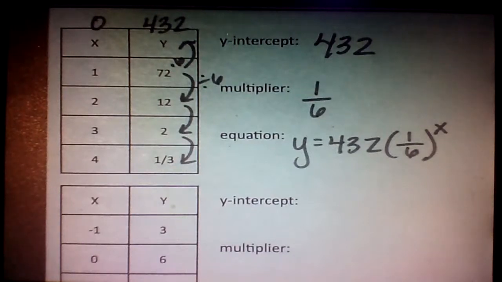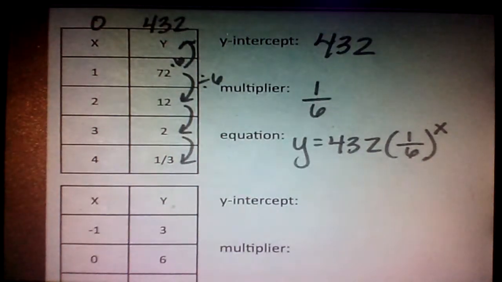Okay, so if this was a linear, when we did this with linears, we said this is plus 3, this is plus 3, this is plus 3. So as I'm going down my chart, I'm adding 3. So to go in the opposite direction, we would subtract 3. Which means my 0 would be 9.